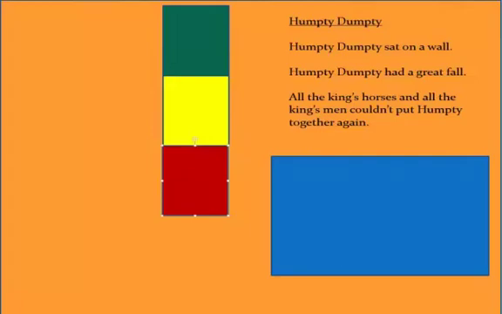Was it the yellow, or was it the red? The yellow. Uh-huh. Could the king's men put Humpty Dumpty together again? Show green for yes and red for no. Red. Uh-huh. So you can use this same process with any type of a nursery rhyme.